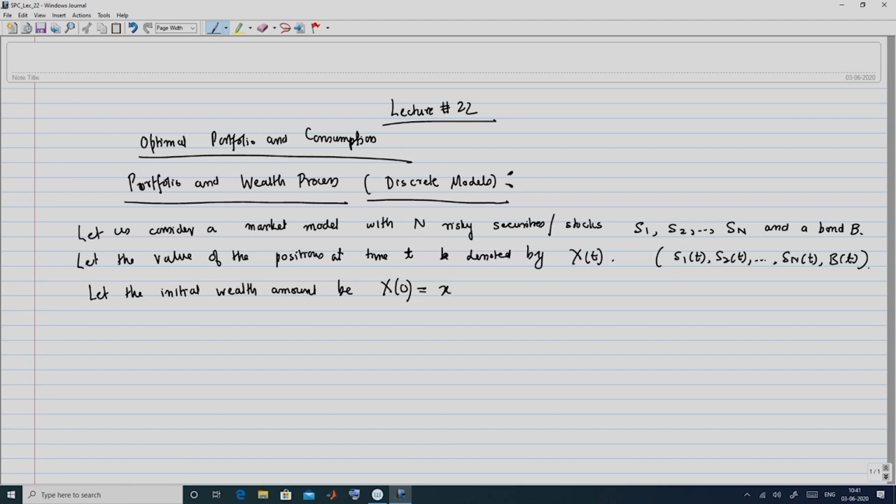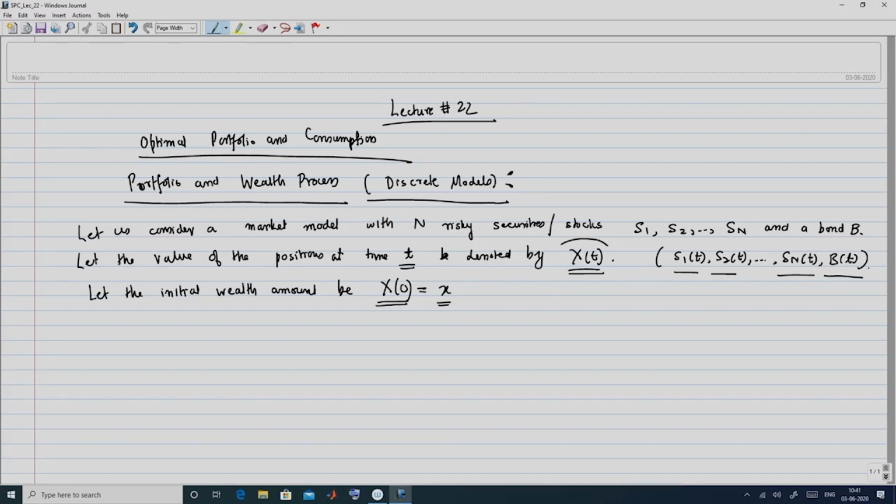So, what I mean is basically, to be more explicit here, x of t will denote the wealth level at time t when you have started off at an initial time t equal to 0 with a wealth level of x. And in a synonymous manner we will use S1 of t, S2 of t, all the way to Sn of t, and B of t to denote the price of the stocks and the bond at time t.